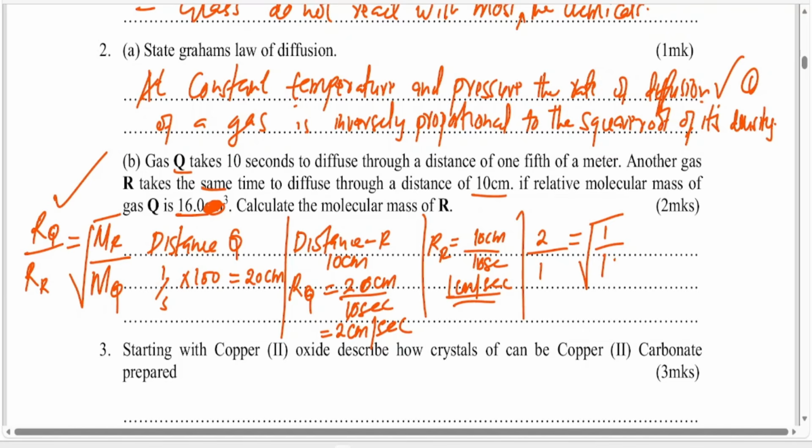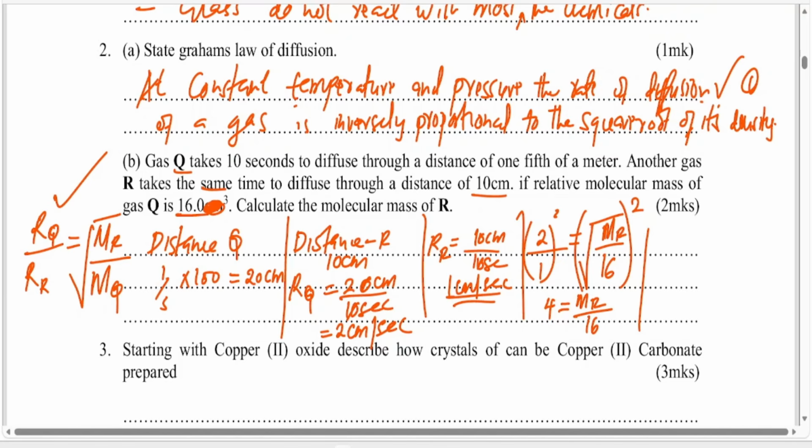So in this case, I'm going to square both sides. I apply the knowledge of mathematics here. I square both sides so that I remove the square root. When I square both sides, I'm going to have 4 is equal to, remember this is molecular mass, it's supposed to be the molecular mass of gas R, so molecular mass of gas R over 16.